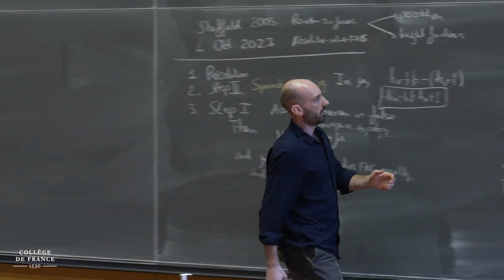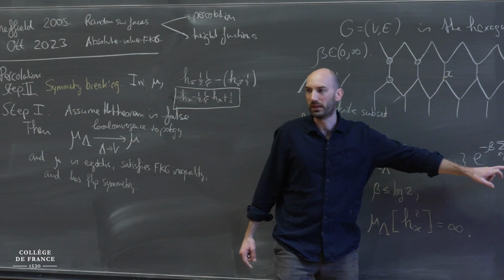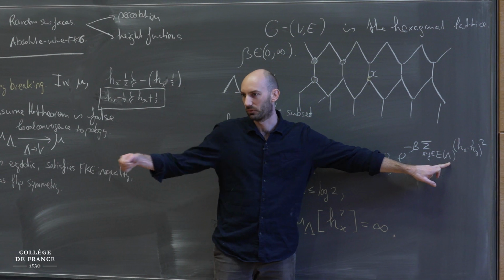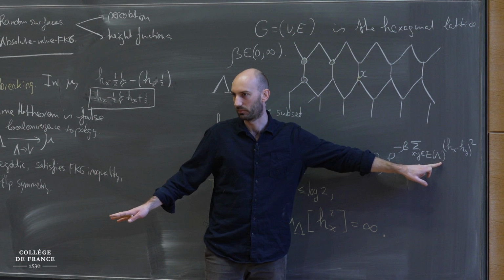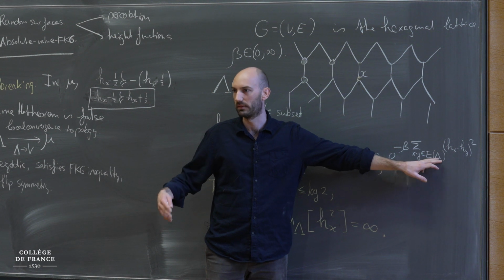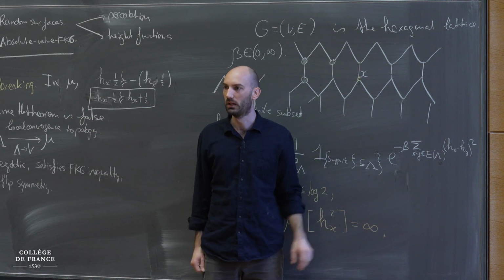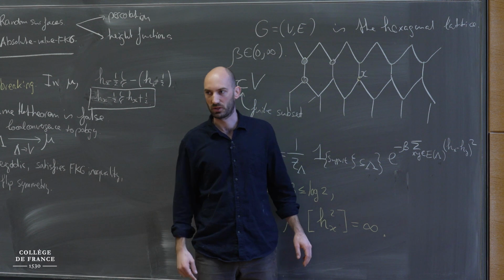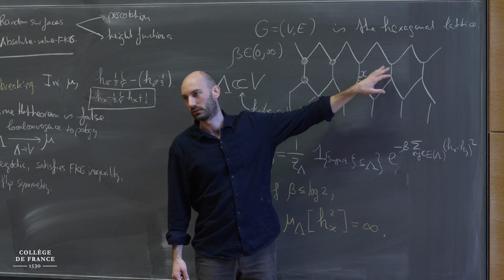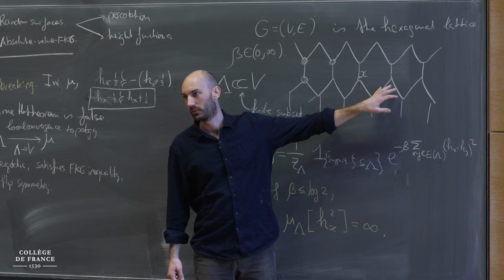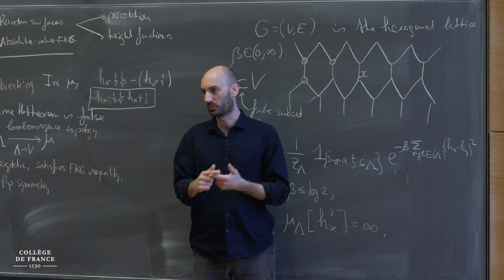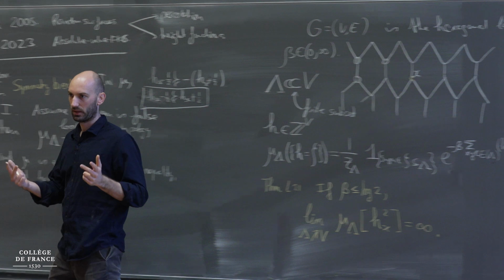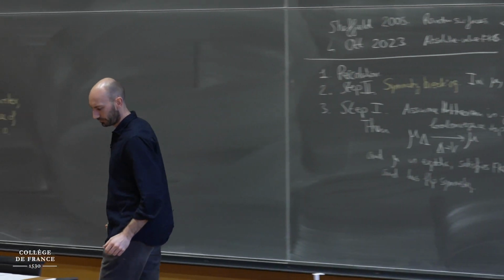I took this potential simply because it's a little easier to write down the formulas, but really the potential doesn't play an important part in the proof. So you can think about the same potential as there. Later, in the next lecture, we will see how to get rid of the fact that it's the hexagonal lattice. So there are two differences: the potential is a small difference, and the graph is a more substantial one.